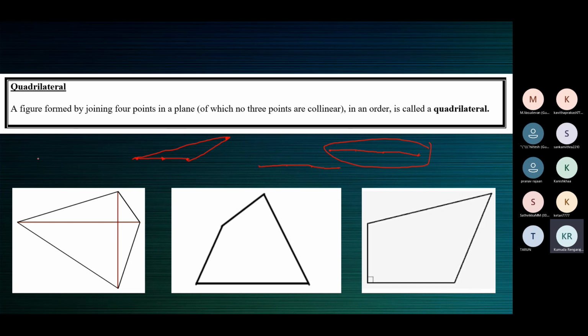Now I shouldn't use the word collinearity for 2 points, because the term collinear is applicable only to 3 or more than 3 points. When you take 2 points, you can always connect them by a straight line.